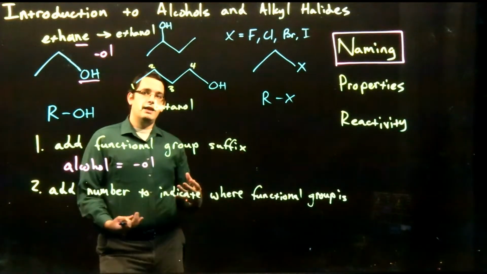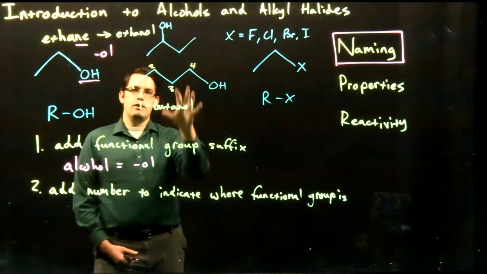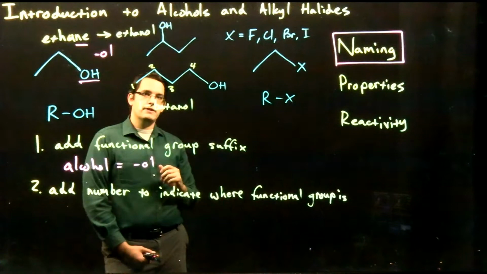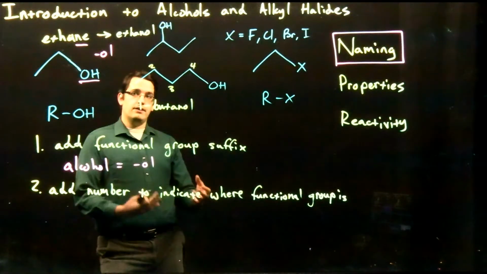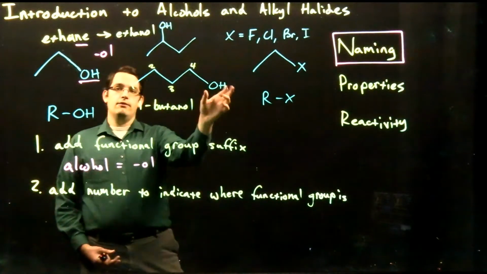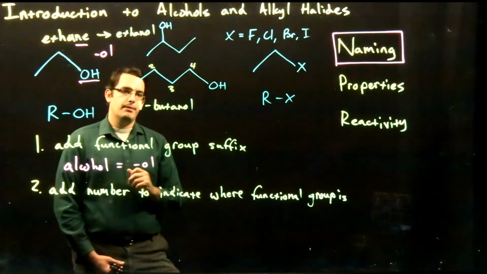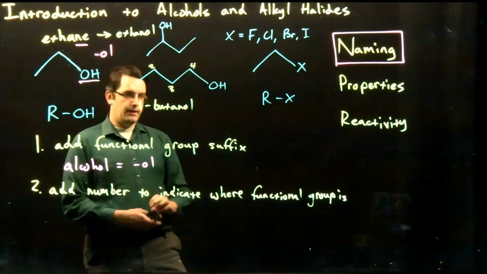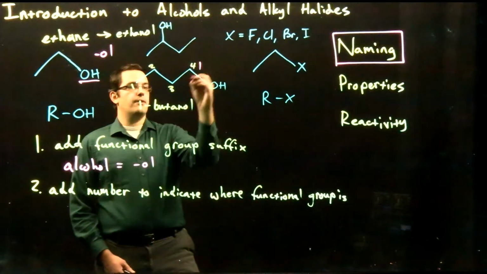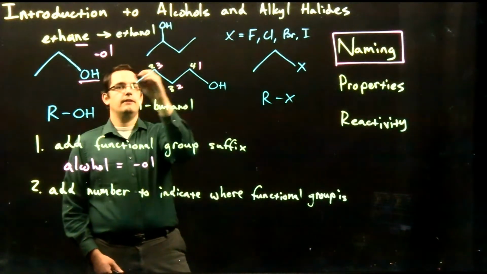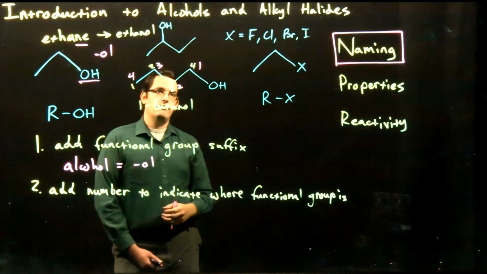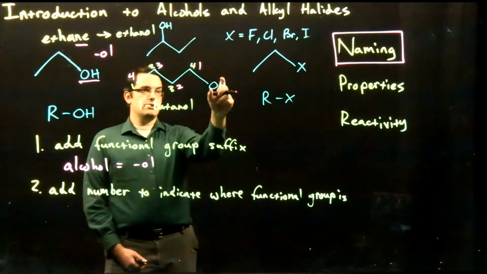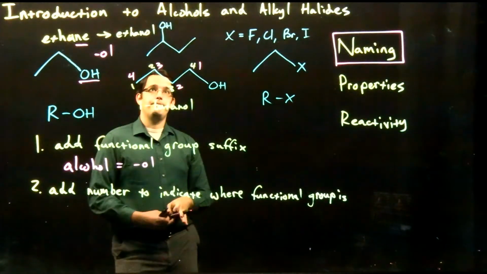Well, remember our key rule for numbering and naming our structures is that we always want to use the numbering system that gives our first branch or our functional group the lowest number possible. So we're always going to want to number it from the right in this case, because that will give us the lower number of 1 for the position of our alcohol functional group.